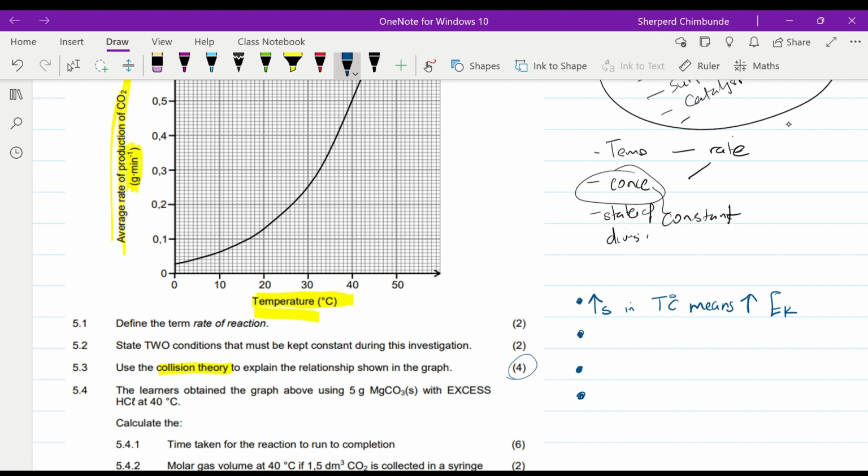Now, if you increase the average kinetic energy, it means you have increased the number of collisions between the particles. And by increasing the number of collisions between particles, you have now increased the number of effective collisions per unit time.